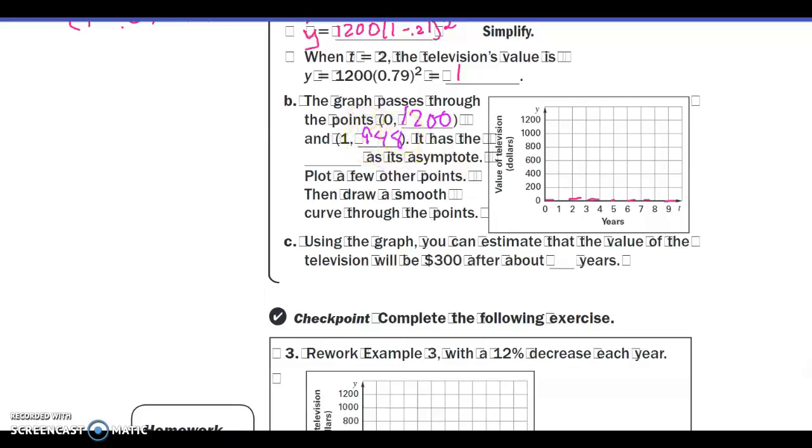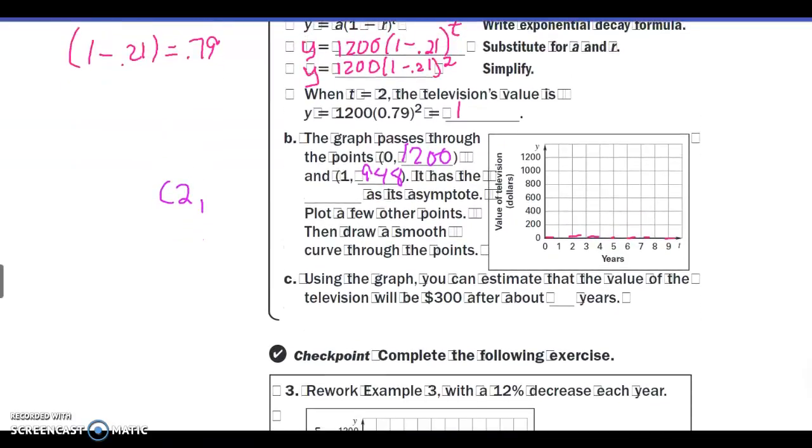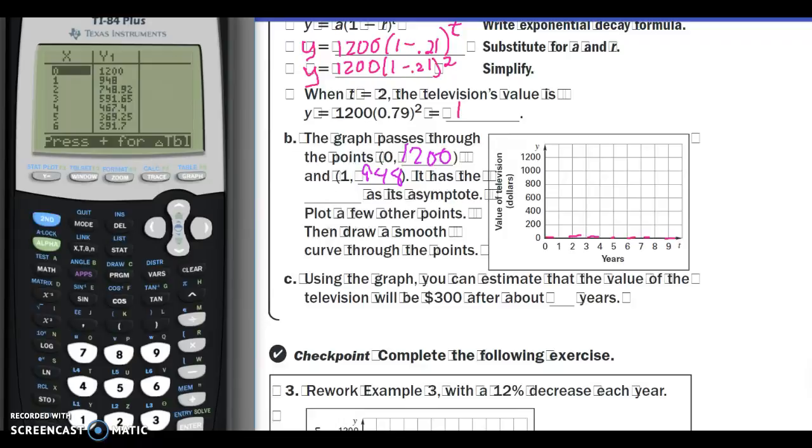And then, of course, we have the point up here from the television's value at 2. Excuse me, I keep messing up here. 2, and the value of the TV after 2 years was 748.92, which we can also see on the table.